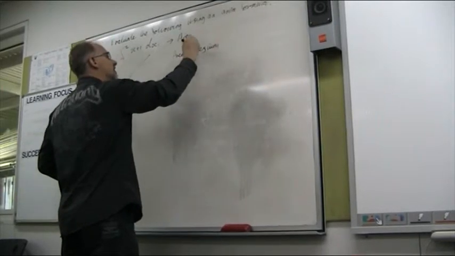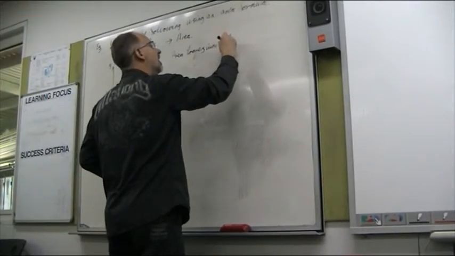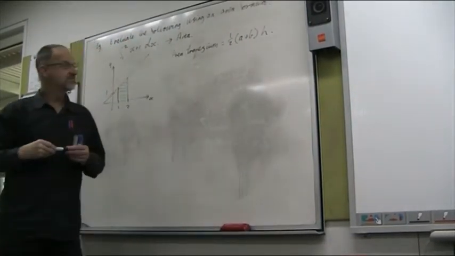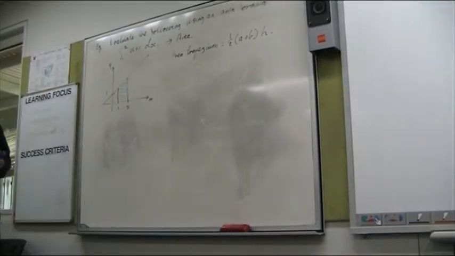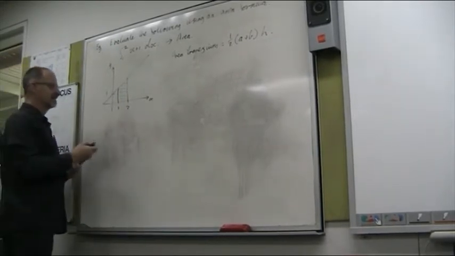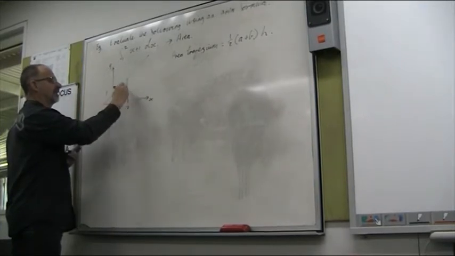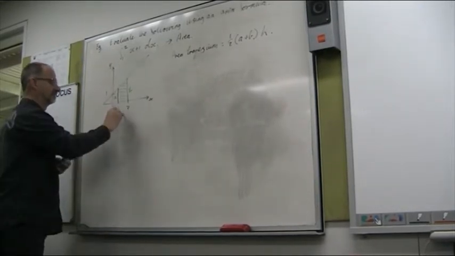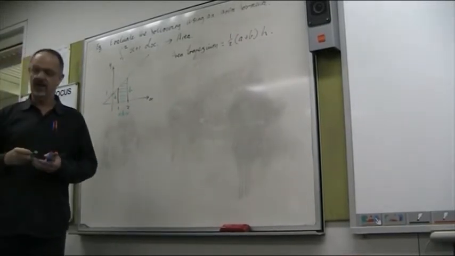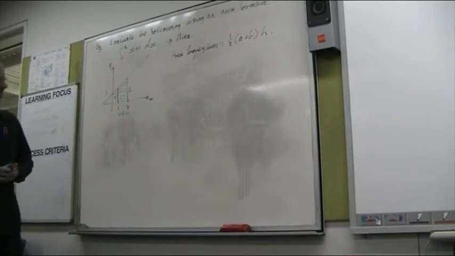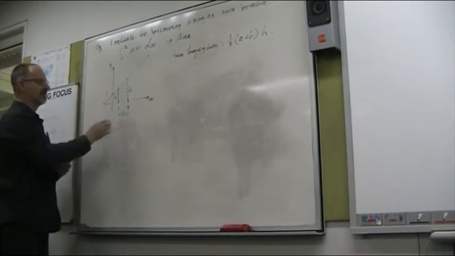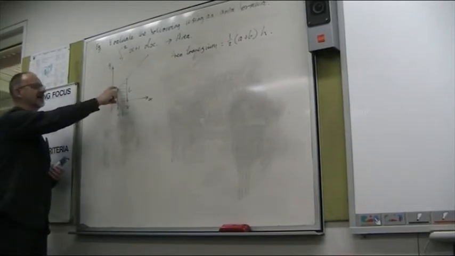And this is one of those things that's on the formula sheet: half a plus b times h. They have a picture of them on the formula sheet. The a and the b are these lengths, and the height is this distance. So we need to know these lengths.